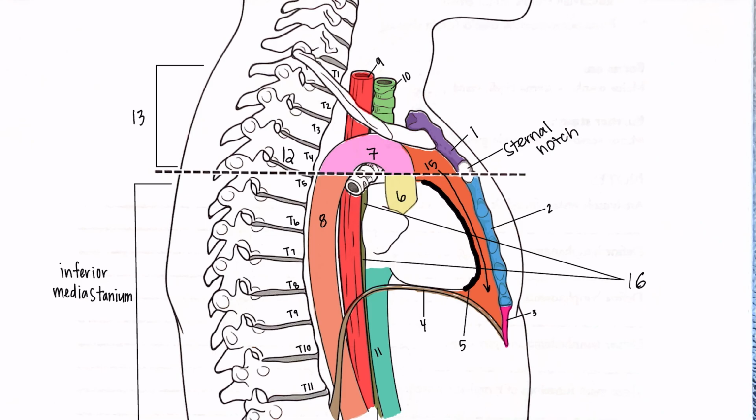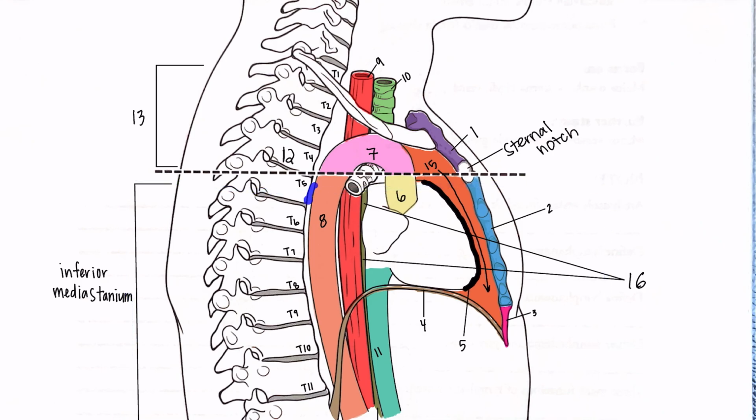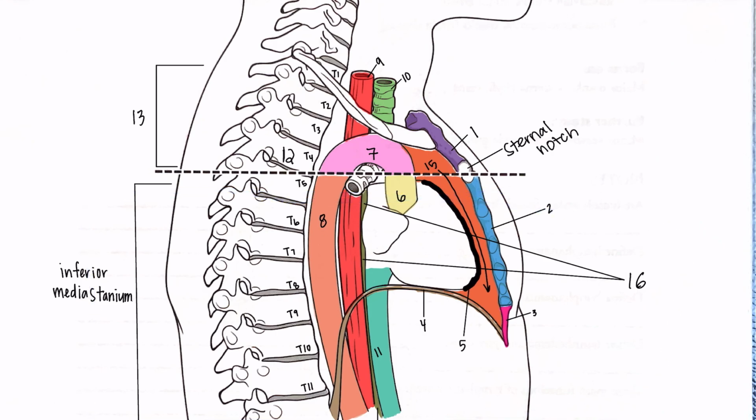The inferior mediastinum is everything that's going to be included down here. All of these spaces, everything in this space is included in the inferior mediastinum. So that was the inferior.